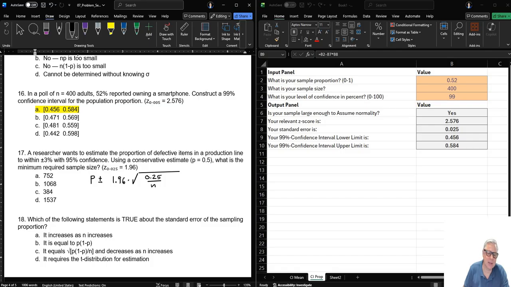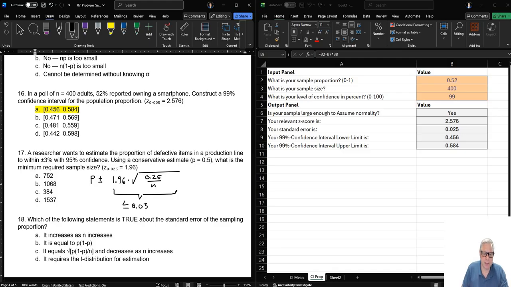And this is the n that we would like to have, because we want this term to be less than or equal to 3%, which is 0.03.